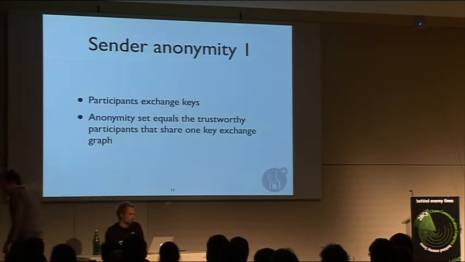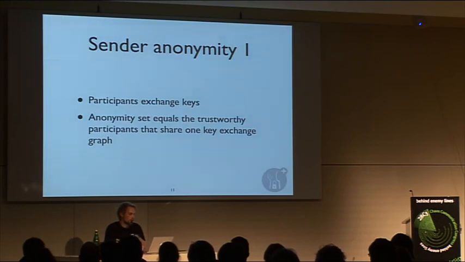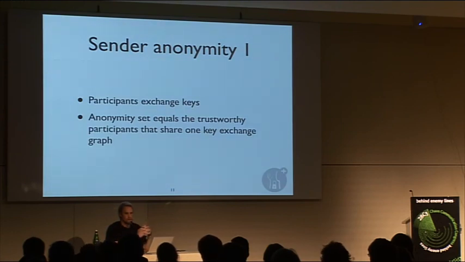So first, the participants would have to exchange keys among each other, and the more keys are exchanged, the better it is, because the anonymity set equals the trustworthy participants that share one key graph. So even if you don't know all of the other participants, the probability is high that there are many trustworthy other participants using the service, and it doesn't cost you anything to exchange keys.